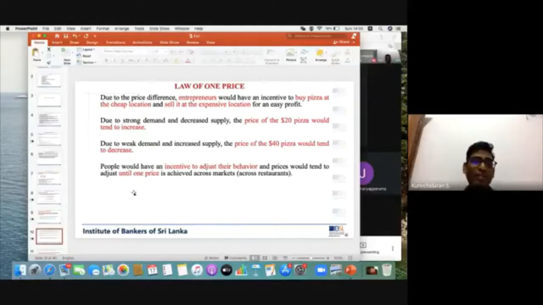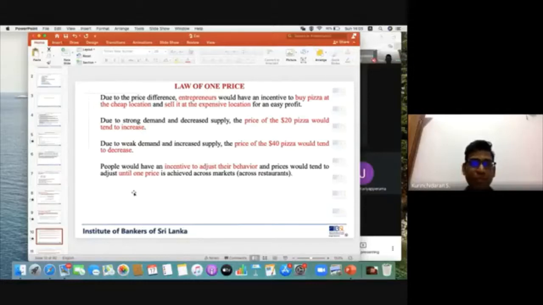If that happens, there will be a strong demand for the $20 pizza, so its price will increase. On the other hand, the $40 pizza can't be sold anymore, so he will reduce the price. So the low price will go up and the high price will come down.